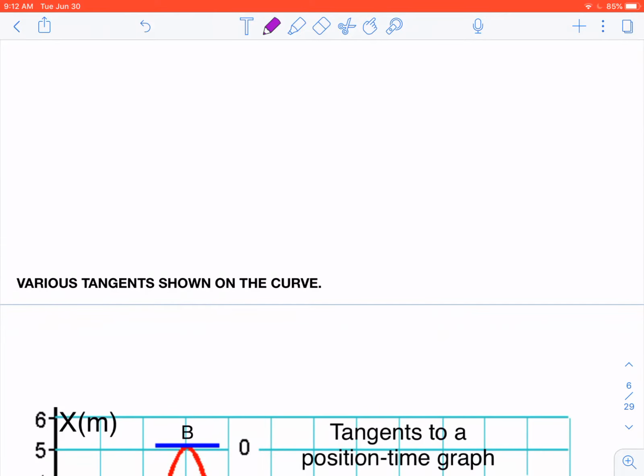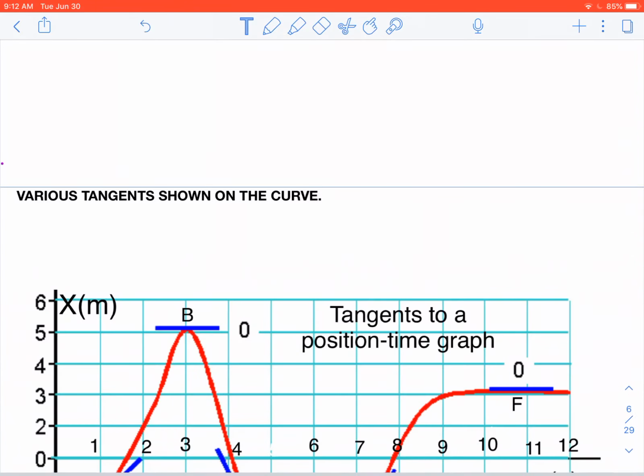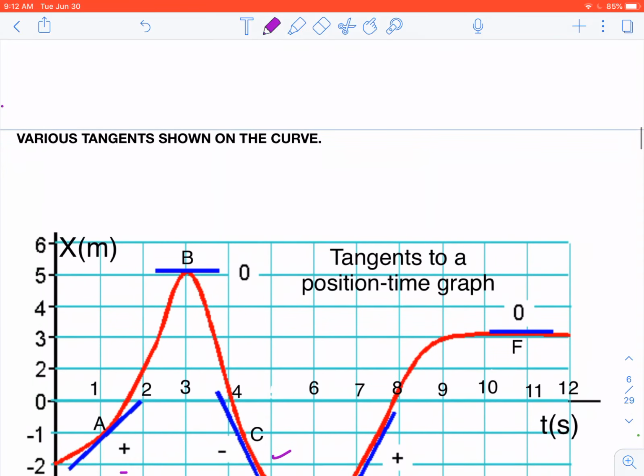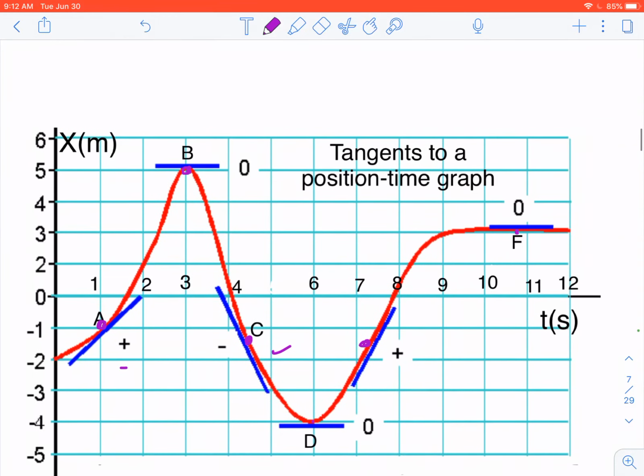But now let's look at various tangents on a line. So here, at this point we want to know the tangent, so we draw a tangent. There we draw a tangent. And these are all tangents. And the tangent touches one point on the curve.